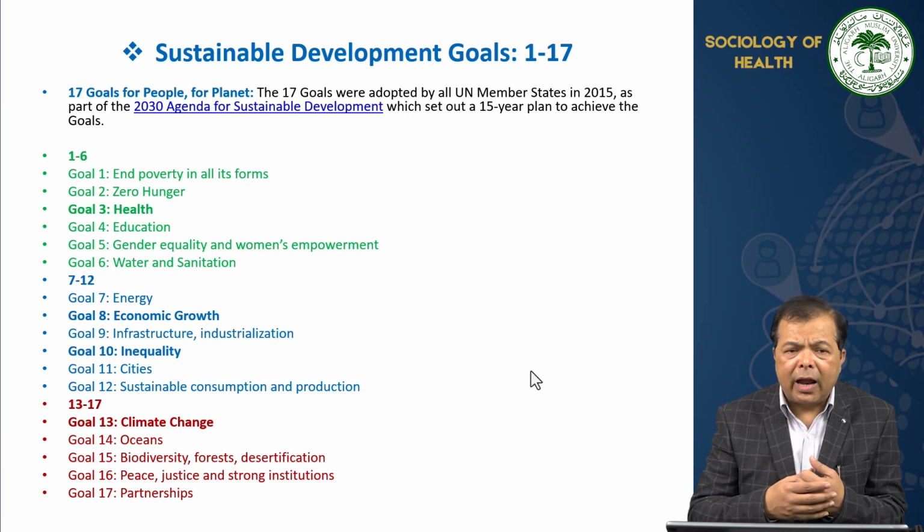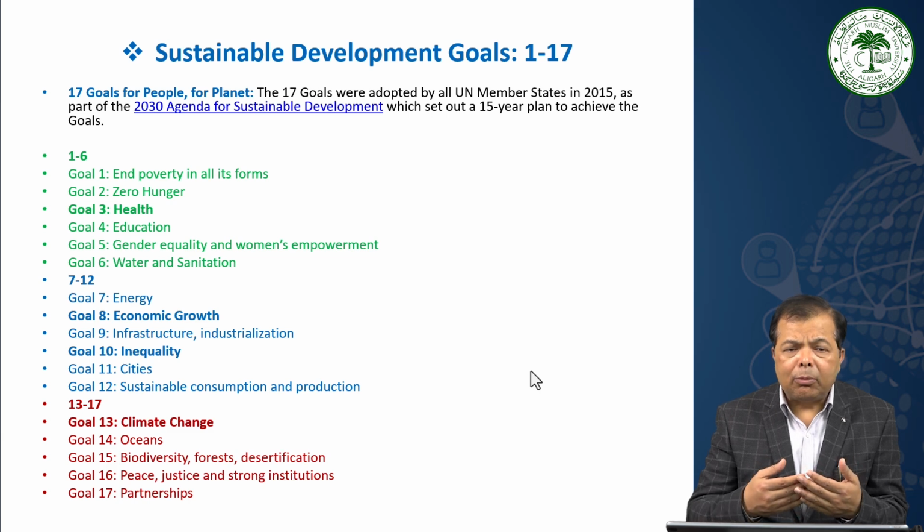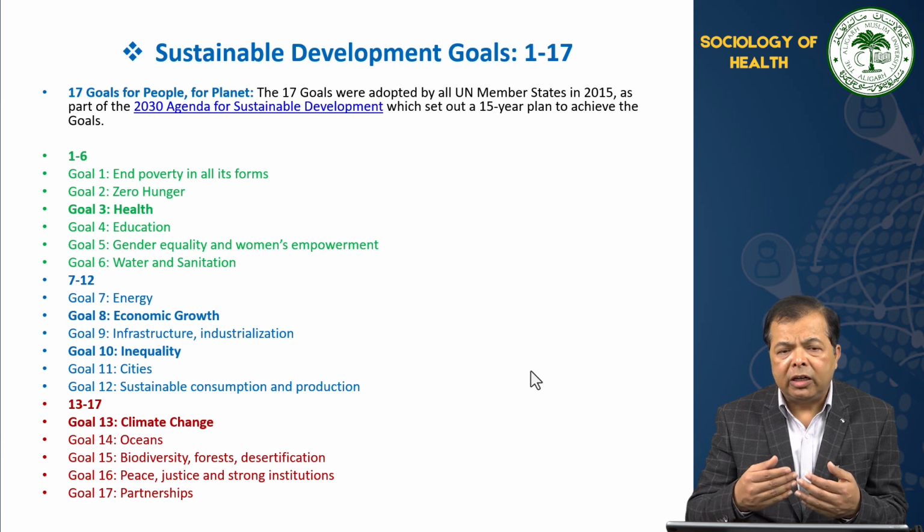So here you can see that from goal number 7 to goal number 12, we are talking about so many important things like energy, then economic growth, then infrastructure, industrialization, inequality, cities, and sustainable consumption.